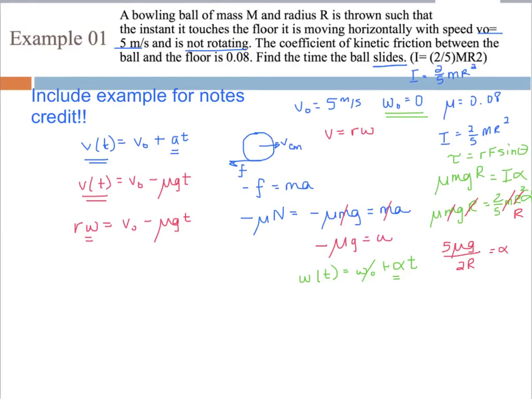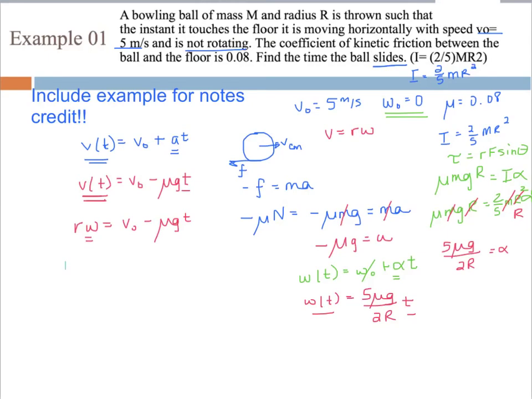So if I go back and make that substitution for alpha, I have an expression for omega with respect to time, and I have an expression for velocity also with respect to time. Because I said my final velocity will be equal to r omega, I can actually make that substitution in now.